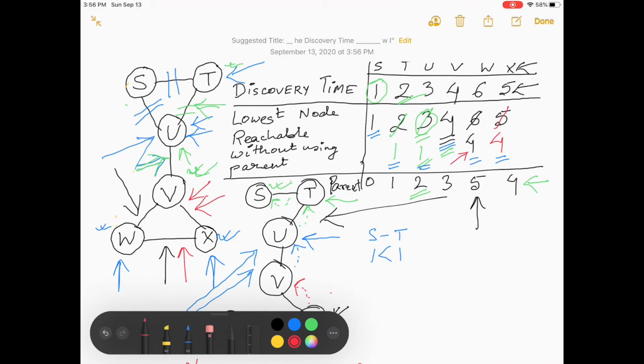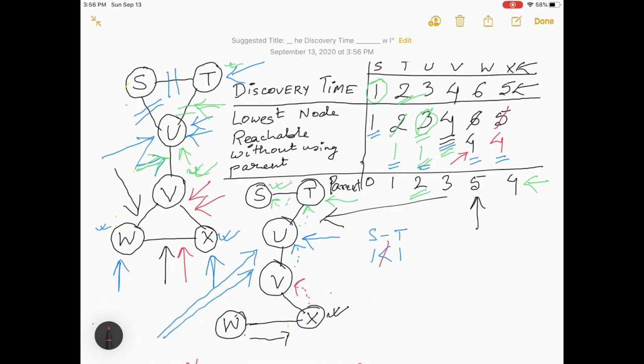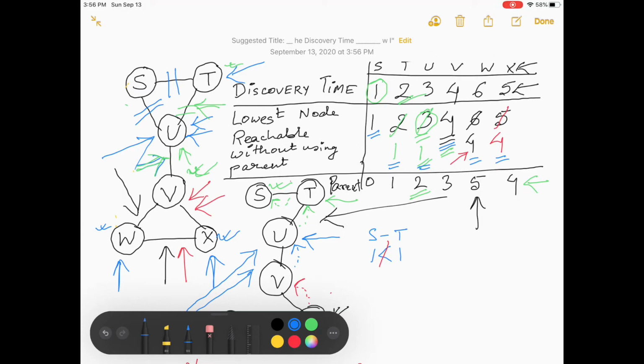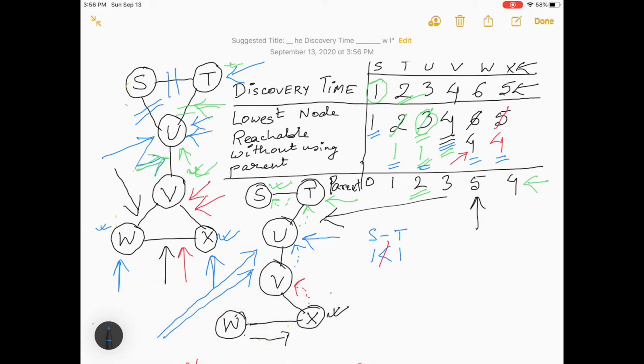If it holds true, then it is a bridge, but we see that this does not hold true, so st is not a bridge.